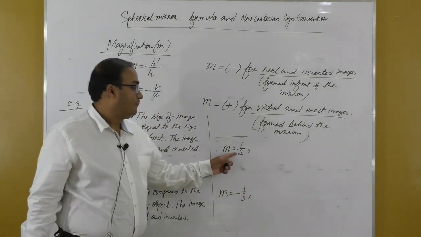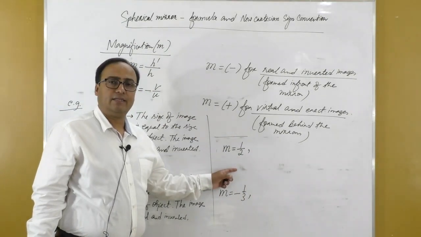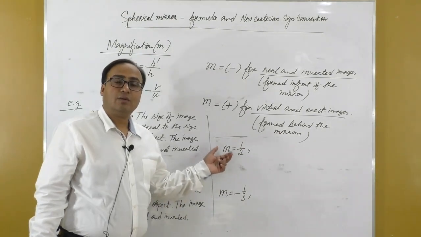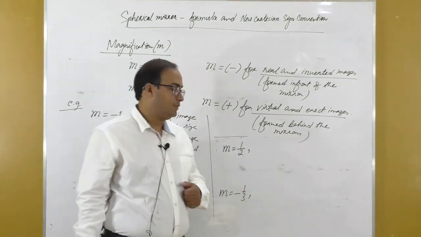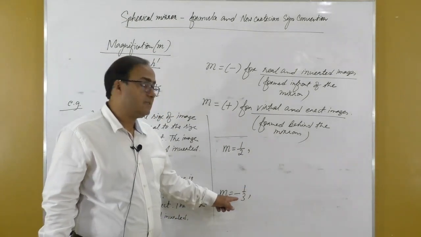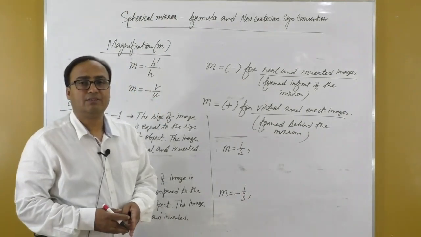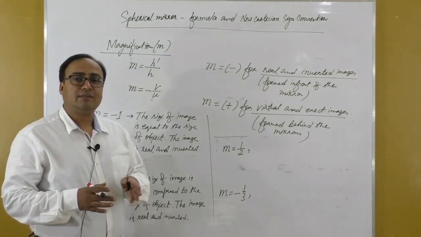So here plus sign indicates virtual erect image, and half indicates the size of image is half of the size of object. और हम लोग बोल सकते हैं कि size of image is 2 times smaller than the size of object. यहाँ m equals to -1/3, minus indicates real and inverted image, 1/3 indicates the image is 1/3 of the size of object, or the image is 3 times smaller.